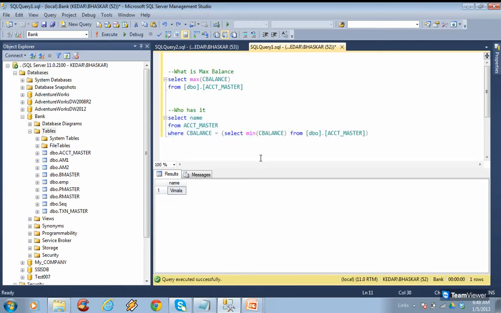When you write a query, this is known as the outer query, and this is known as a subquery, or inner query, or nested query. So what is a subquery? Subquery means a query in the where clause is known as a subquery.